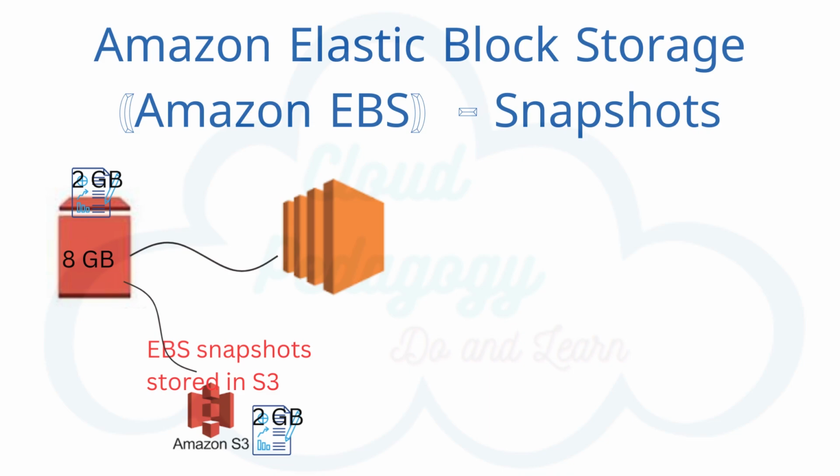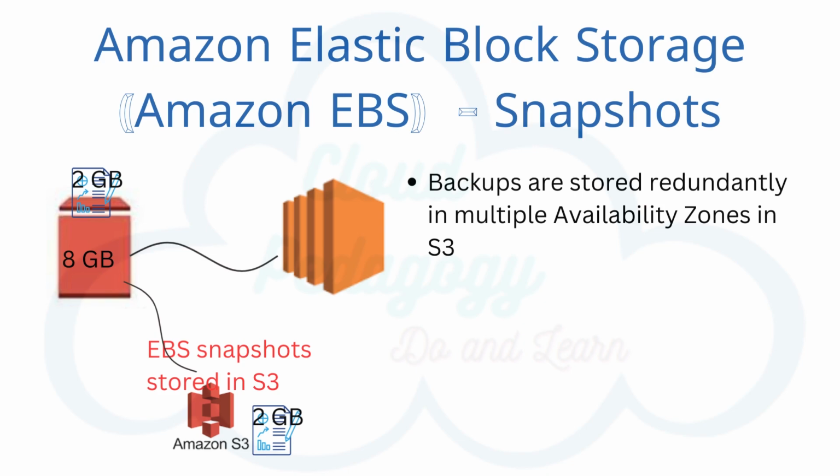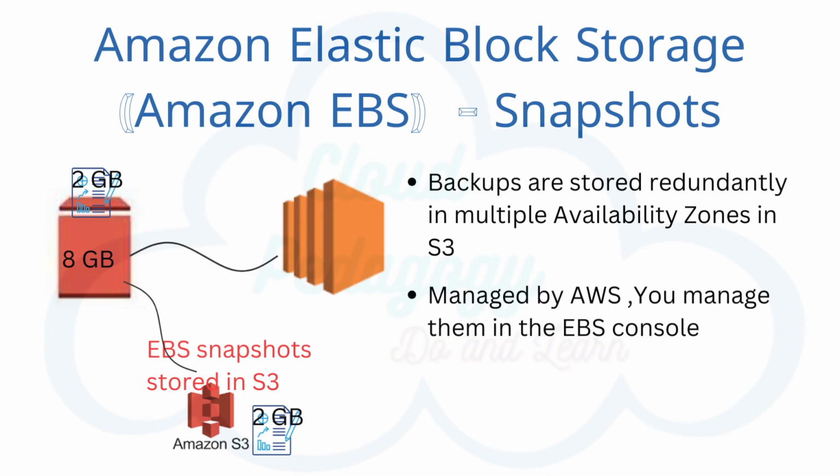When you take a snapshot of any of your EBS volumes, these backups are stored redundantly in multiple Availability Zones using Amazon S3. This aspect of storing the backup in Amazon S3 will be handled by AWS, so you won't need to interact with Amazon S3 to work with your EBS snapshots.